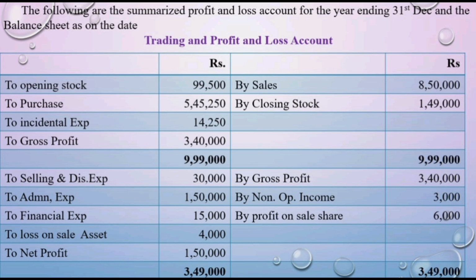For this trading account, gross profit is 3,40,000. Profit and loss account expenses: selling and distribution expenses 30,000, administration expenses 1,50,000. And on the income side, non-operating income 3,000, profit on sale of shares 6,000. For this profit and loss account, net profit is 1,50,000.